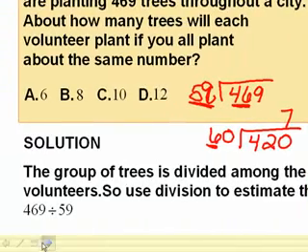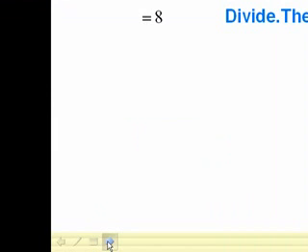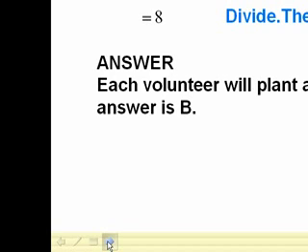Sometimes, when you're estimating, people can do them differently and still come up with the same answer. So we round the divisor to its leading digit, which was 60, and that's what we did. And they did 480. They rounded up instead of down, and they came up with the answer of 8, and we came up with the answer of 7.